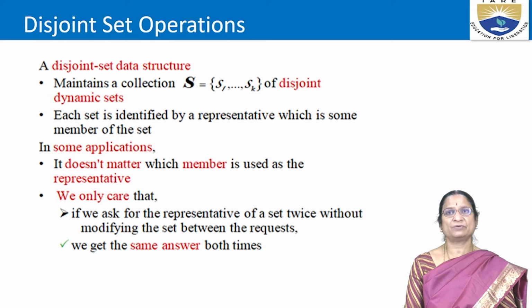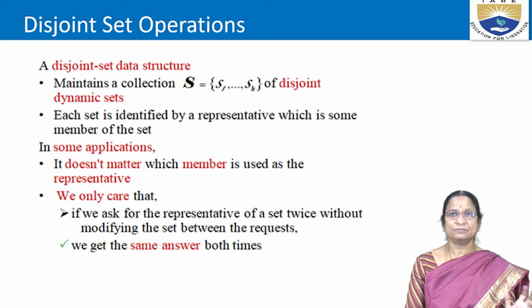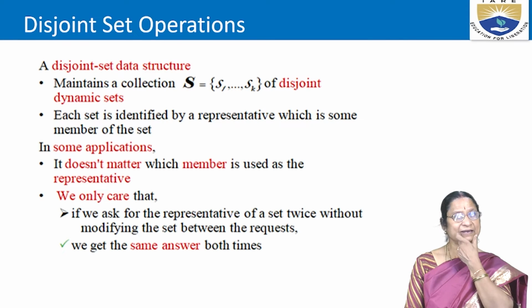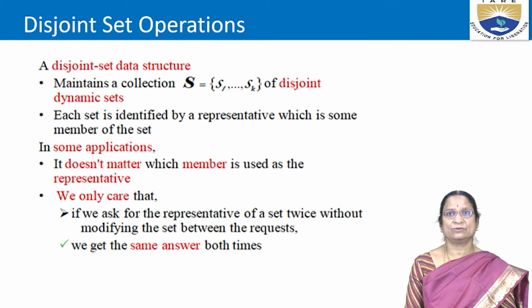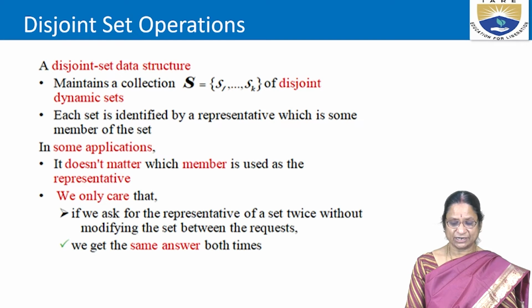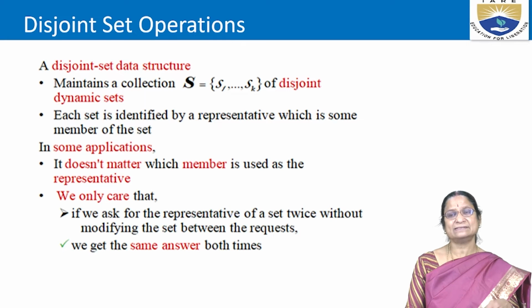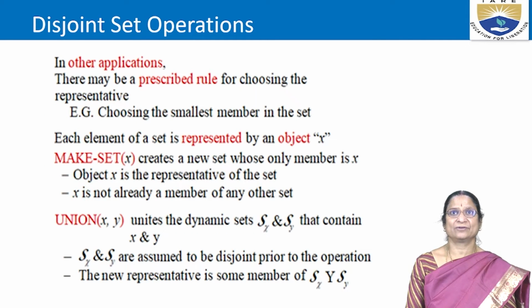When we would like to modify the representative of a set, then we have to properly observe what the consequences are. So whenever we are requesting the representative of a set, if we get the same answer both times, then we can consider it as a representative. This is in some applications.